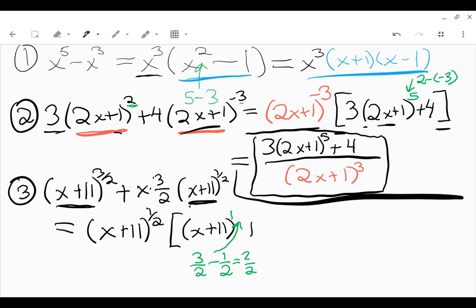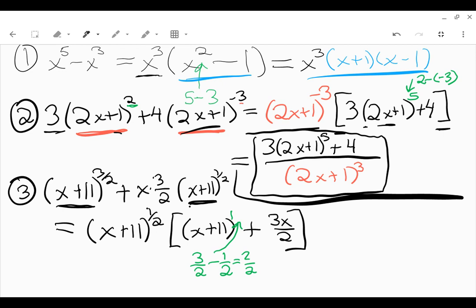Then we have plus x times 3/2, which I will write as 3x/2. And then x plus 11 to the 1/2, which is exactly what's factored out. So I don't need anything there.